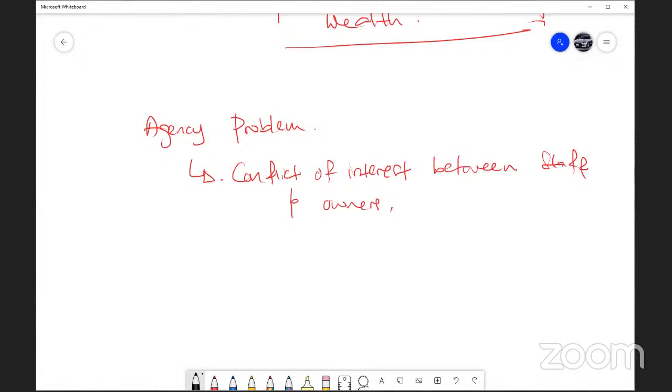This kind of conflict of interest usually happens in corporations. So they ask you, do you think agency problem arises in sole proprietorship and partnership? It will still happen, but rarely, because most of the time, sole proprietorships and partnerships are run by the owners themselves.